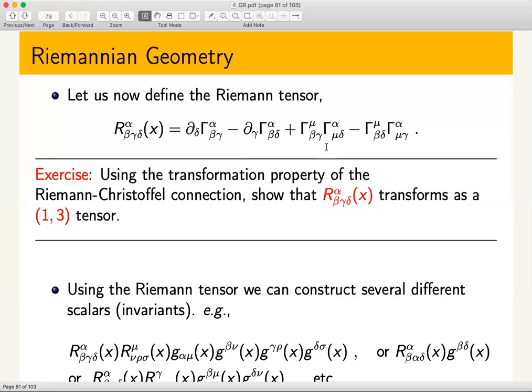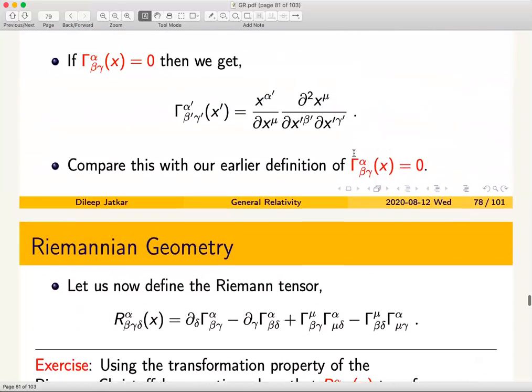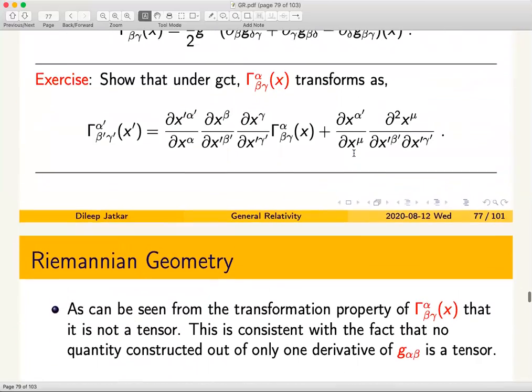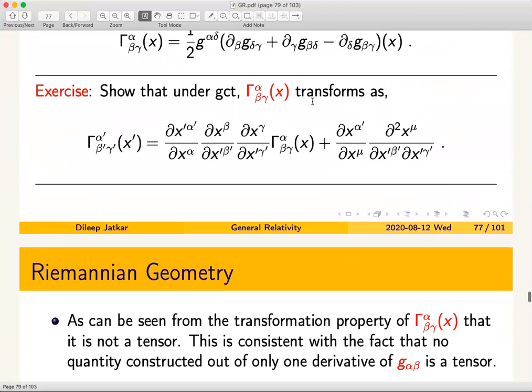What you need to do is determine the transformation property of R alpha beta gamma delta using the transformation property of the Riemann-Christoffel connection. That transformation property is given right up here, which is also part of the exercise. Once you do that, then you know this.